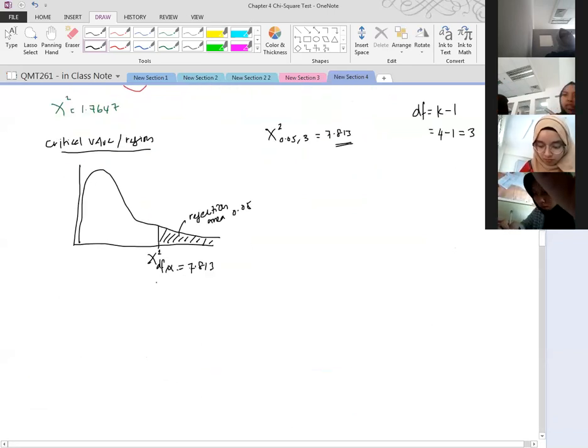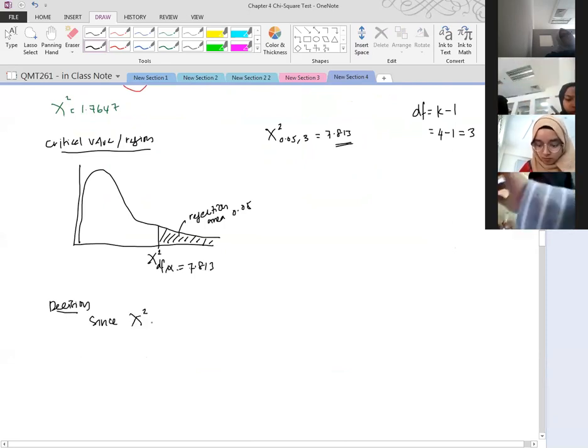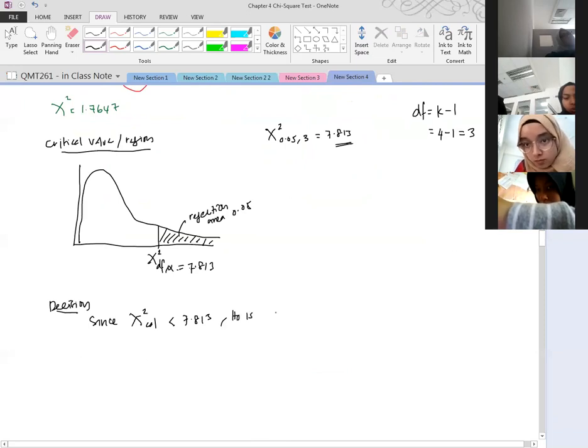Next is our decision. Since chi-squared calculated is less than 7.813, then the null hypothesis is accepted.